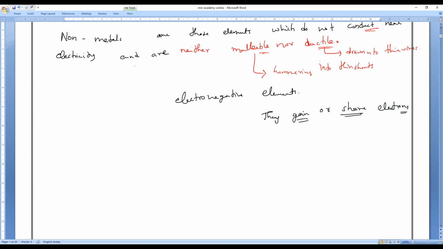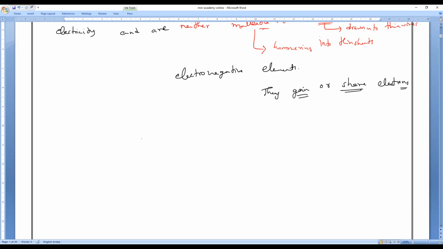So examples: the count of non-metals is very small. If you talk about non-metals, there is one without which no life can exist on this earth. Carbon.